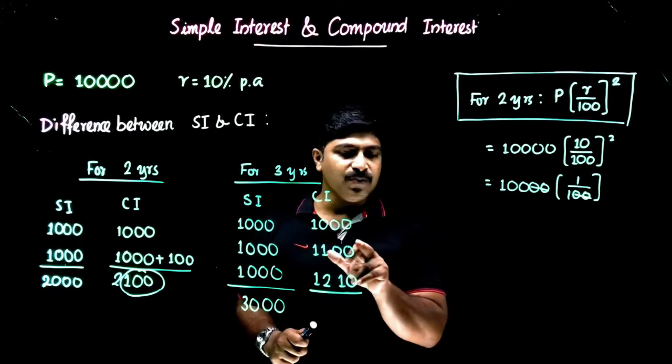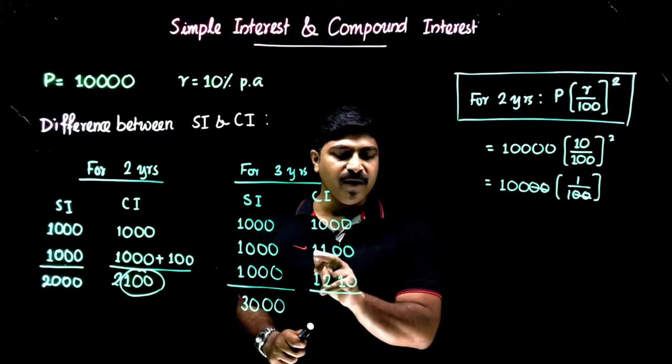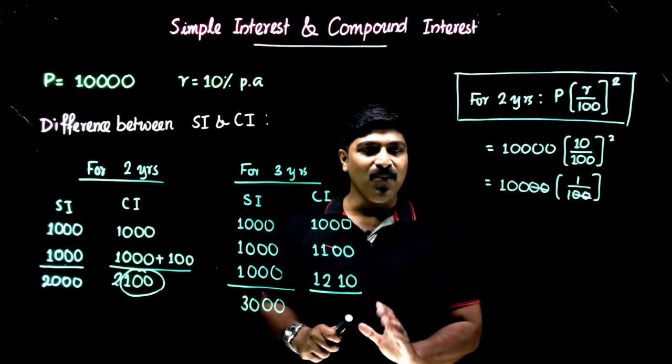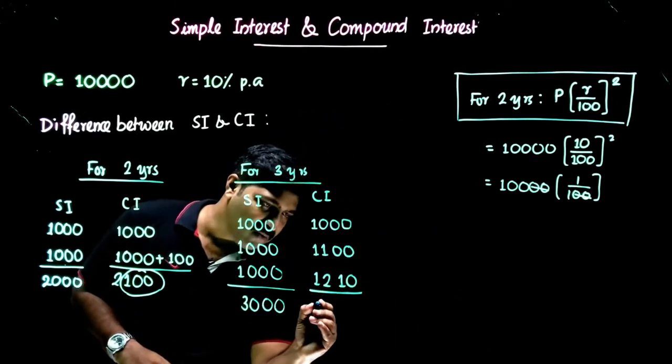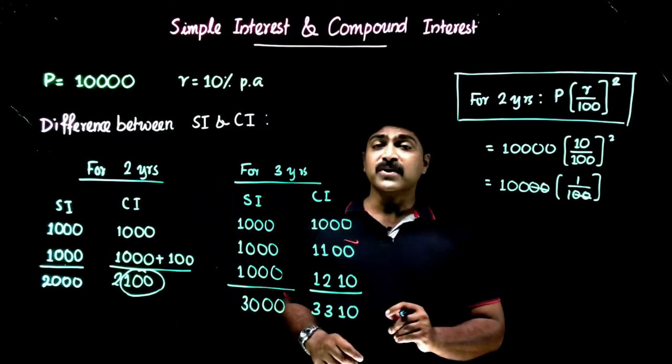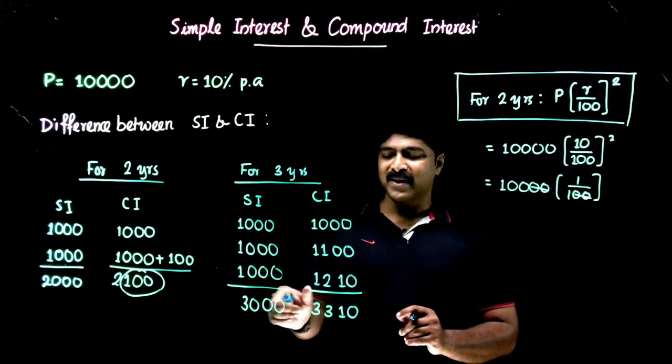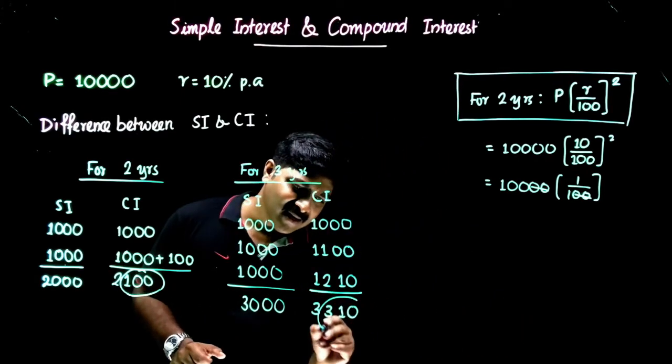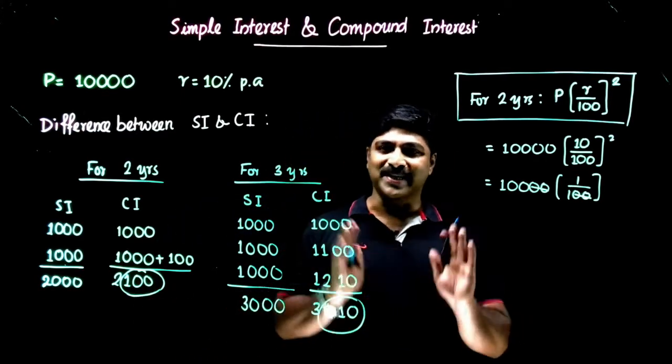Adding this 110 to 1100 gives 1210. Adding all these values, we get 3310. You have to catch what the difference is here, so we can easily conclude 310.